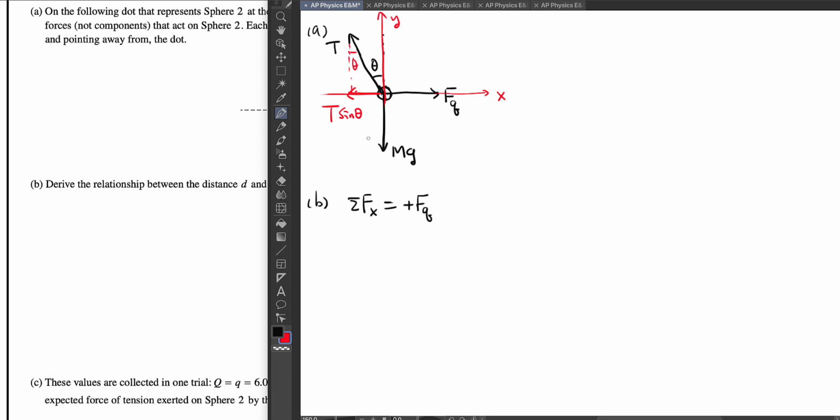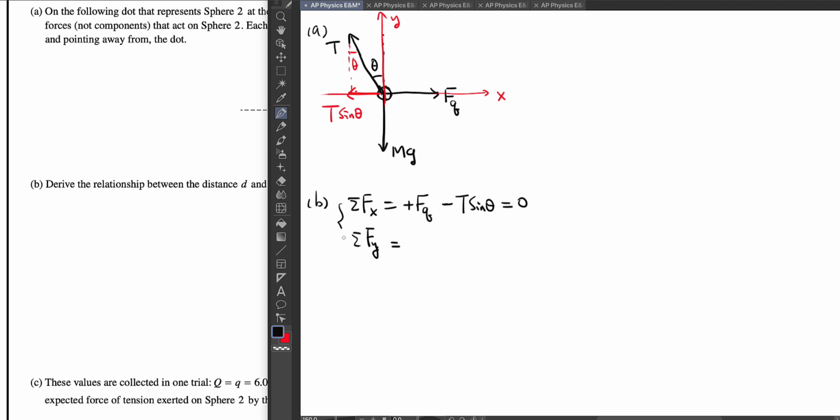That's why this term is minus T sine theta, and that's all for this direction, equals 0. The reason it has a negative sign here is because T sine theta is to the left, which is the negative direction.